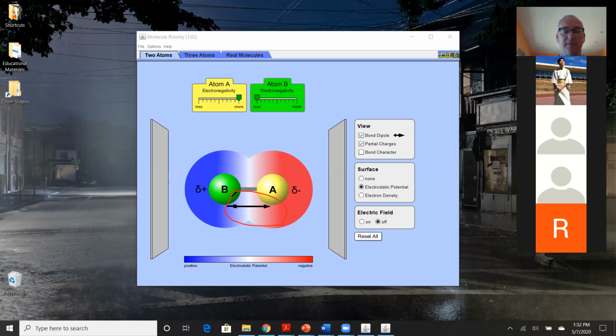And so A is going to stay partially negative, and B is going to stay partially positive. That's not going away. So my question is basically, if that's the dipole for that bond, what's the dipole going to look like for the whole molecule?